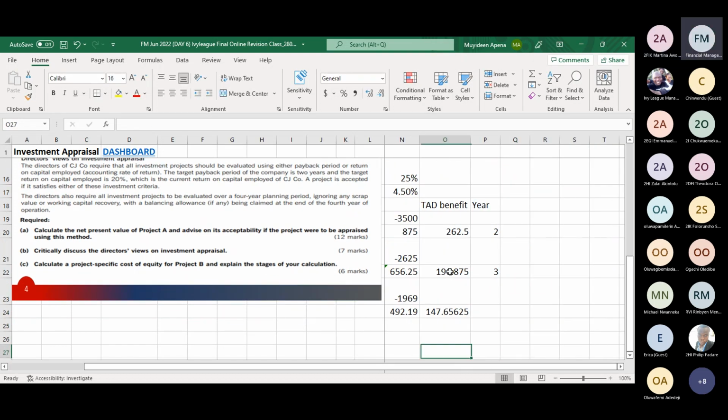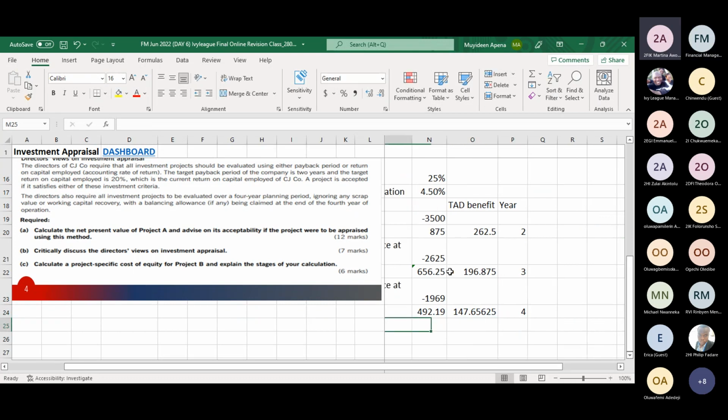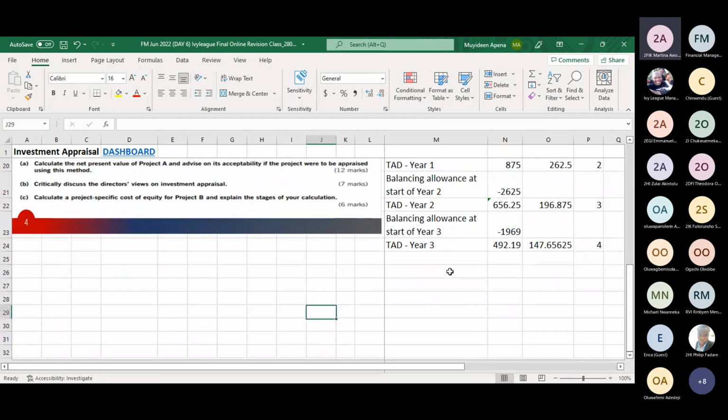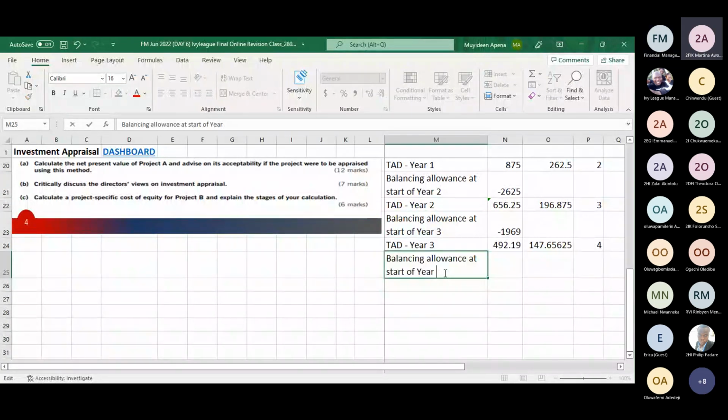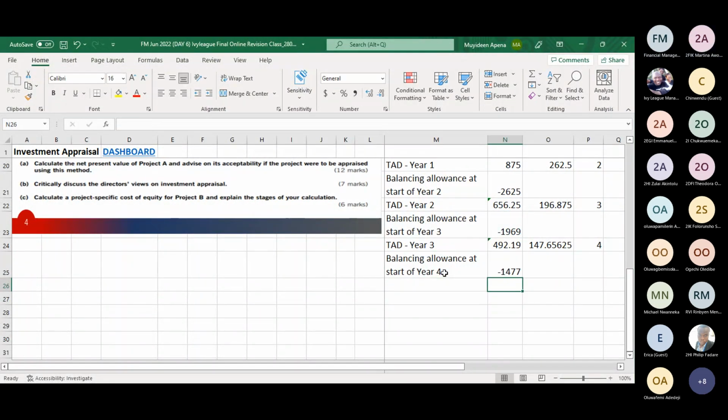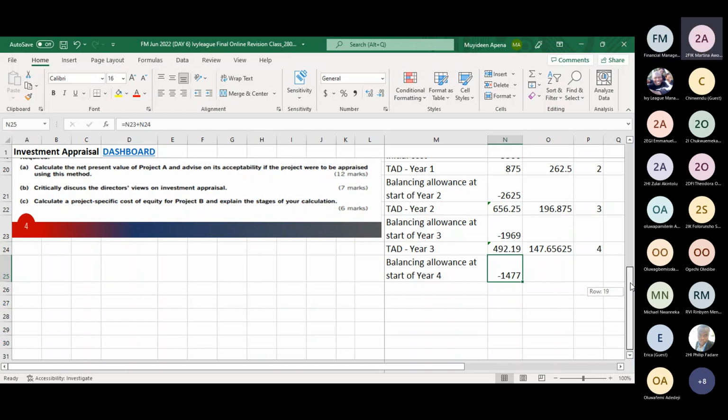And that happens in year 4. Now the balancing allowance at the start of year 4 is the net between this and this. So the project is ending in how many years?